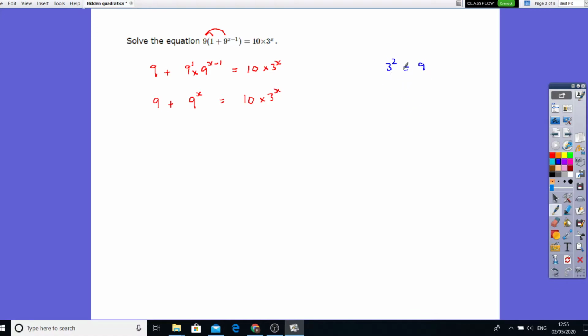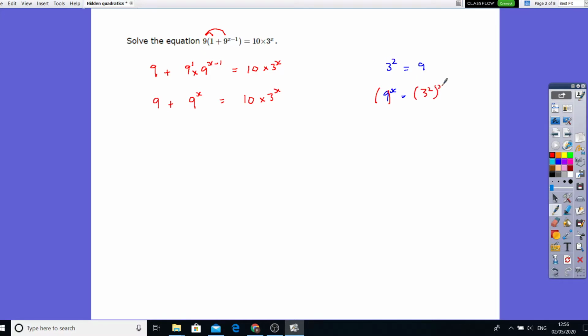All right. So basically what I'm going to do is I'm going to replace the 9 by 3 squared. So just rub this out a minute. In a second I'm going to replace this. When I've got this 9 to the power x, I'm going to replace this 9 by 3 squared.